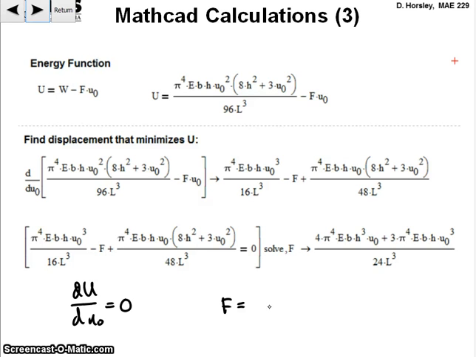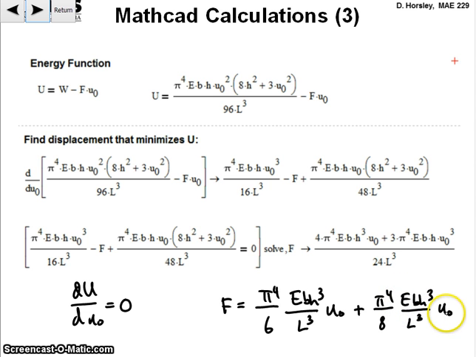I get pi to the 4th over 6 times E b h cubed over L cubed times u naught, plus pi to the 4th over 8 times E b h cubed over L cubed times u naught cubed.